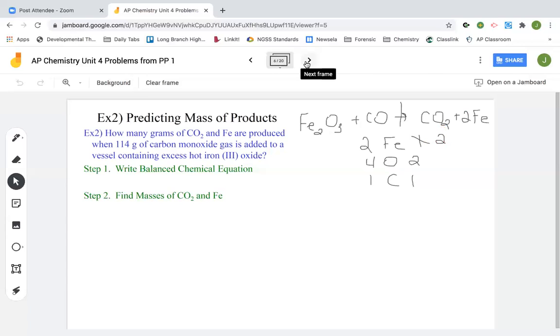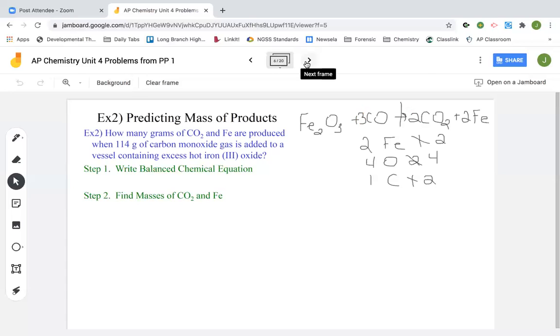Now, let's go to oxygen. We go to the side with a smaller amount, which is the right side, and we want to try to get 4. So we're going to start by putting a 2 right here, and that's going to change our oxygen to 4, and it's going to change our carbon to 2. Now that balances our oxygen, but it doesn't balance our carbon. So when we try to balance our carbon, the easiest way to do this is if we put a 3 right over here.